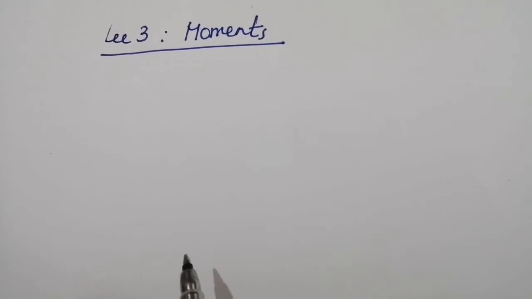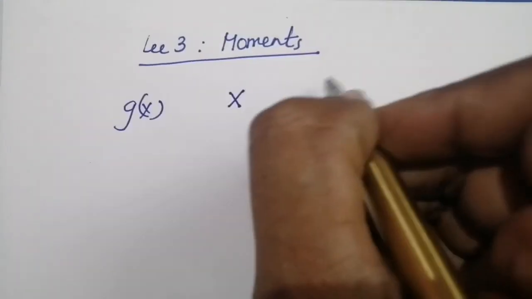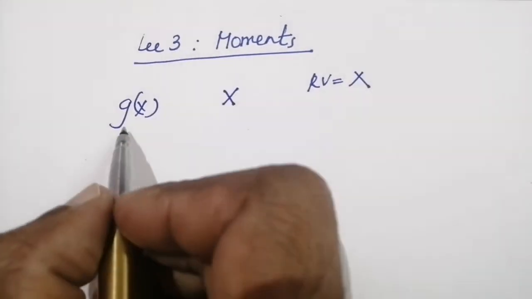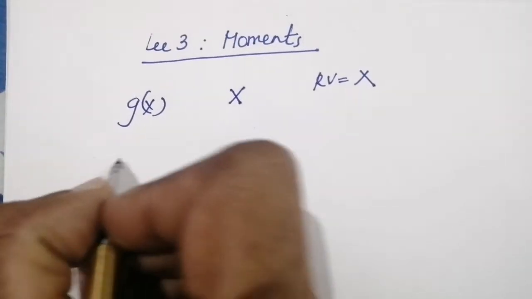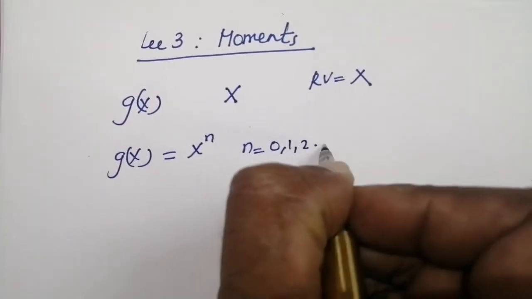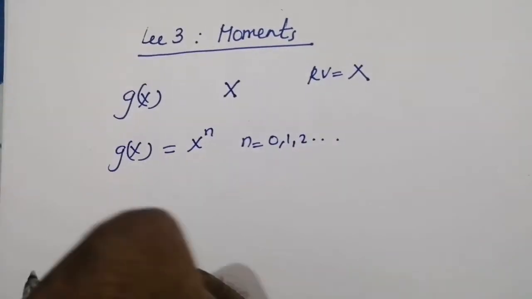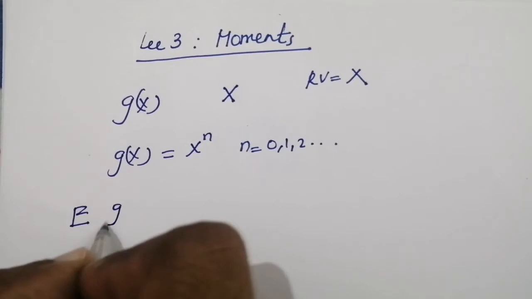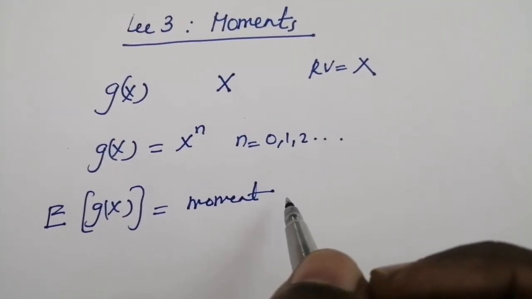Hello everyone, today we will discuss moments. Let g of x be a real function of random variable x. So we have the random variable equal to x, and g of x is a real function of random variable x such that g of x equals x raised to n, where n equals 0, 1, 2, 3, etc. Now the expected value of g of x is called the moment about the origin of the random variable x.